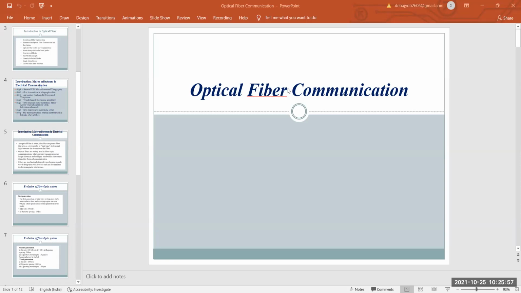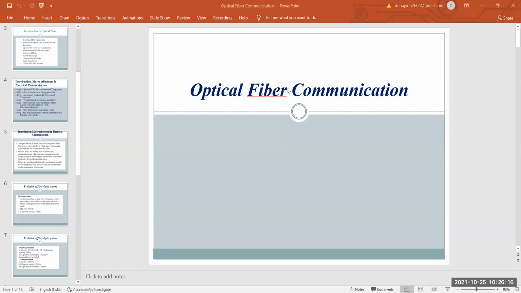First we got analog communication, then digital communication. Nowadays we are using optical fiber communication. So technology is progressing day by day.